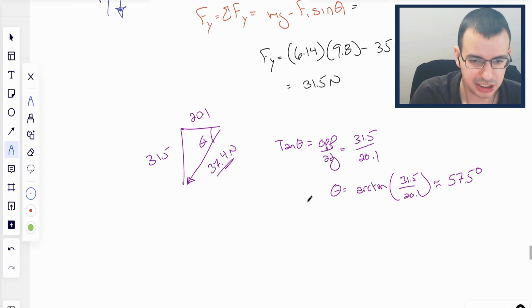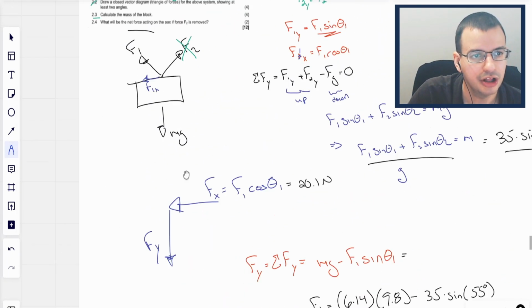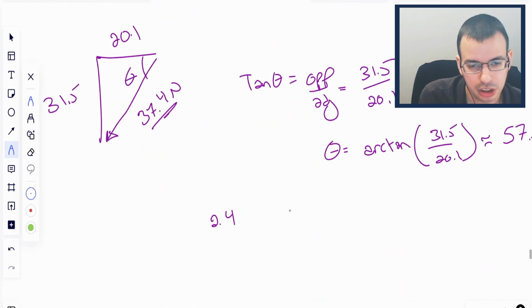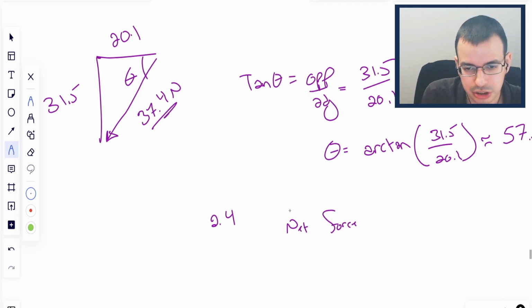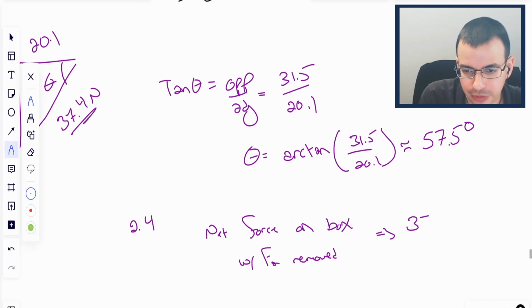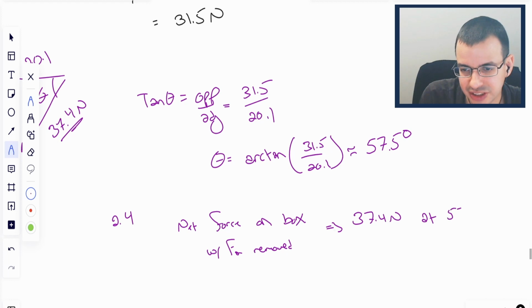So the answer to 2.4 is the resulting force, the sum of all forces, the net force on the box with F2 removed, is equal to 37.4 newtons at 57.5 degrees below the left horizontal.